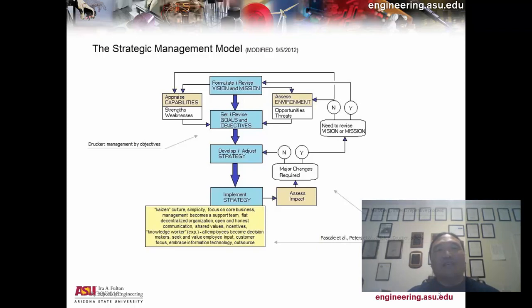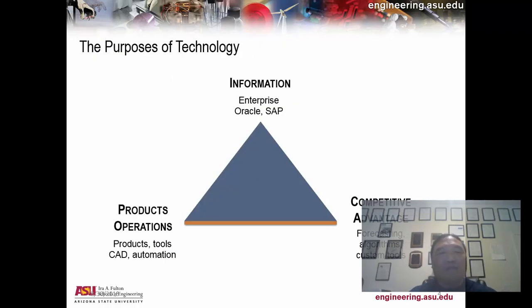Your strategy is an organic kind of thing, meaning it can change. Companies that get married to their strategy at the expense of everything going on around them are the ones that get killed. And so you go ahead and implement it. So there's this constant feedback loop.